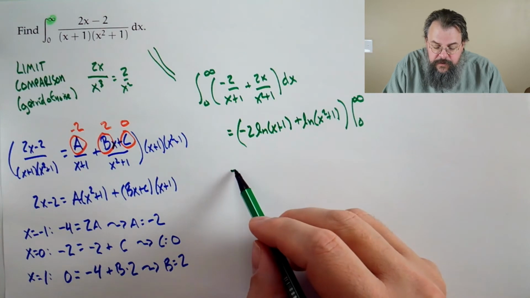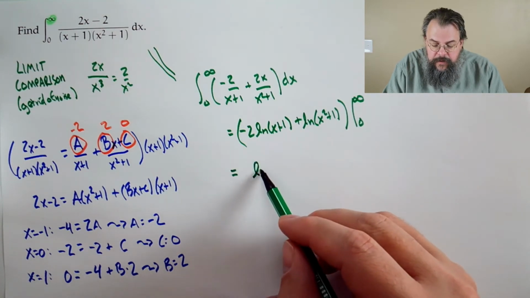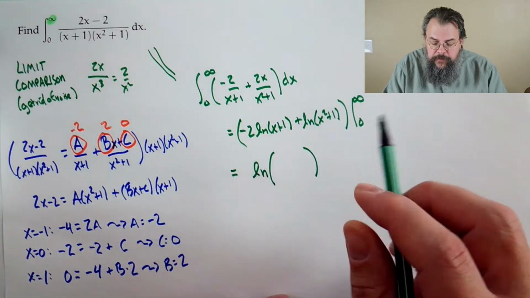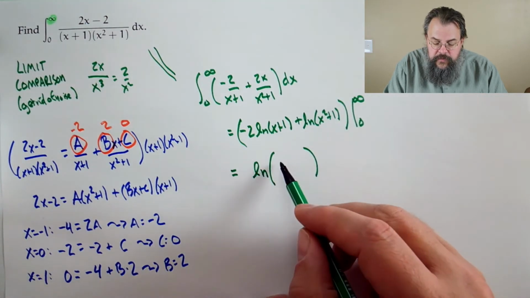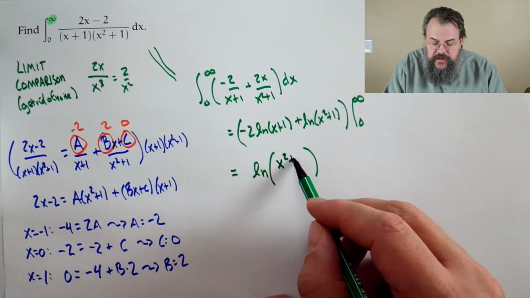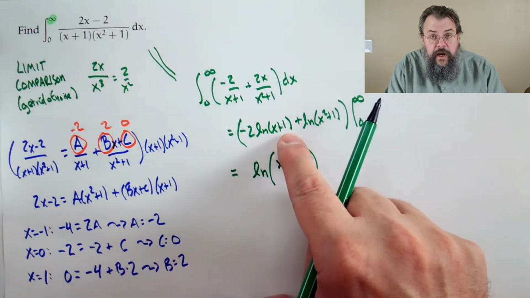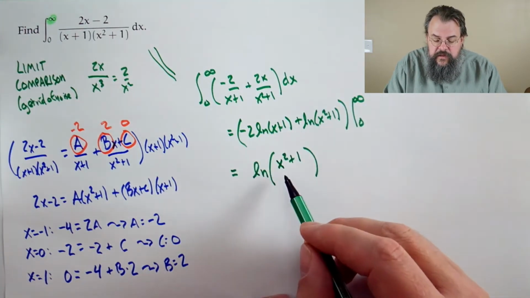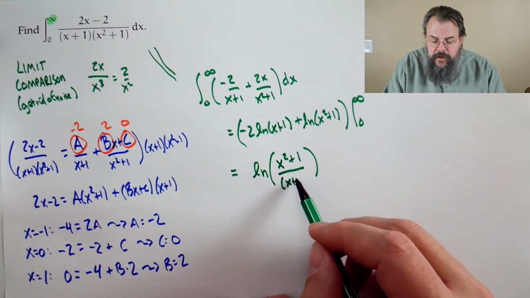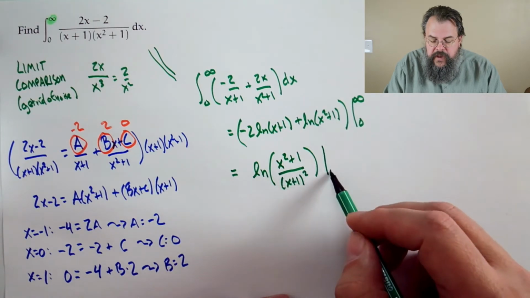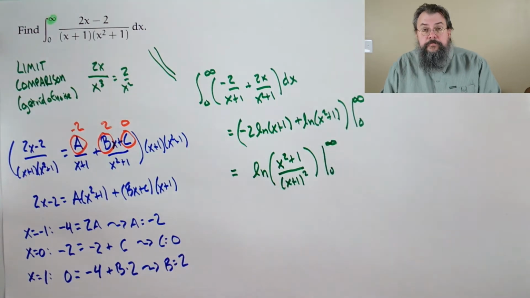So before we evaluate, let's say, hey, this is the same as natural log x squared plus 1. Since it's positive, that goes upstairs. Then I can think of the 2 as coming in as x plus 1 squared, and the minus says divide. So x plus 1 squared from 0 to infinity.